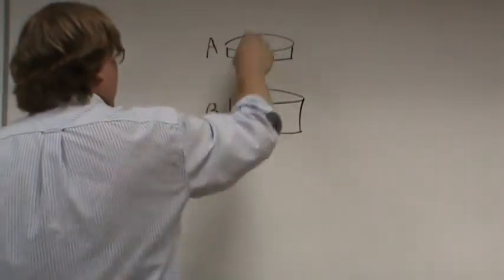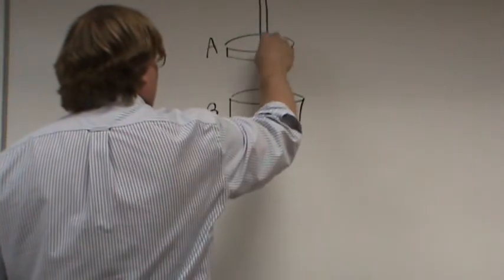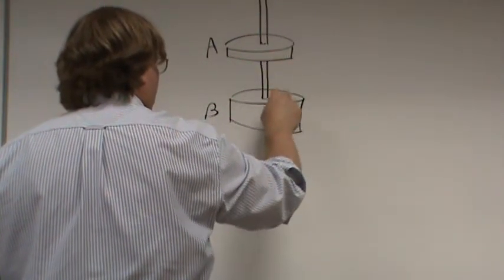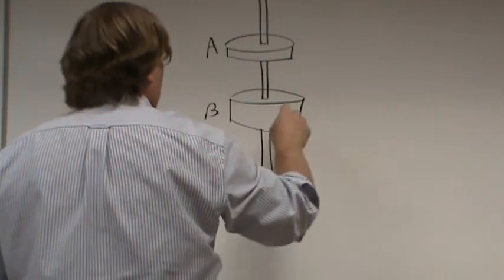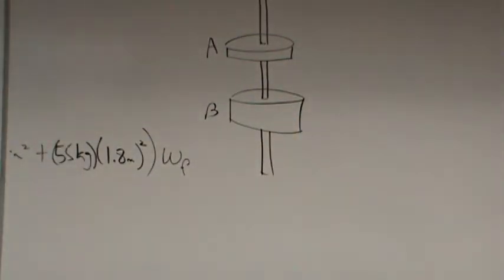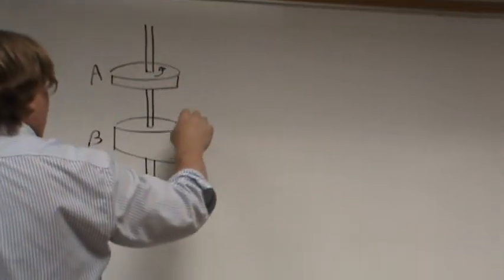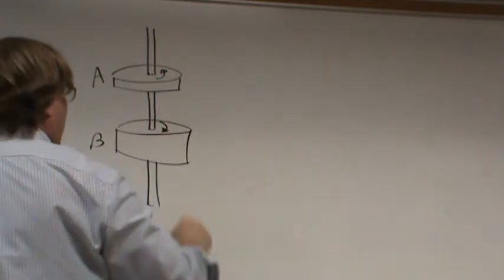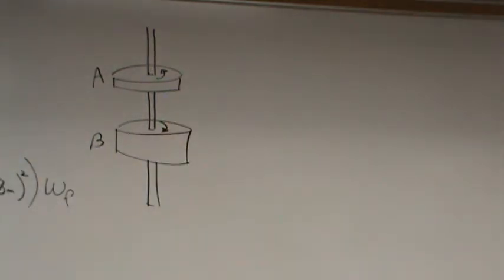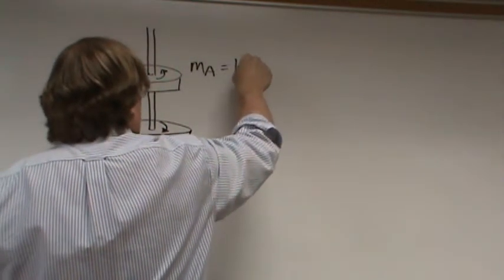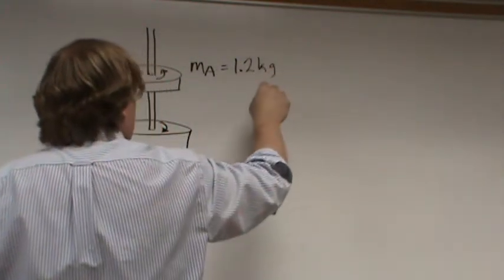Here's A and here's B. Okay, so I've got two objects, A and B, that are rotating on a shared spindle. A is rotating counterclockwise, B is rotating clockwise. The mass of A is equal to 1.2 kilograms.